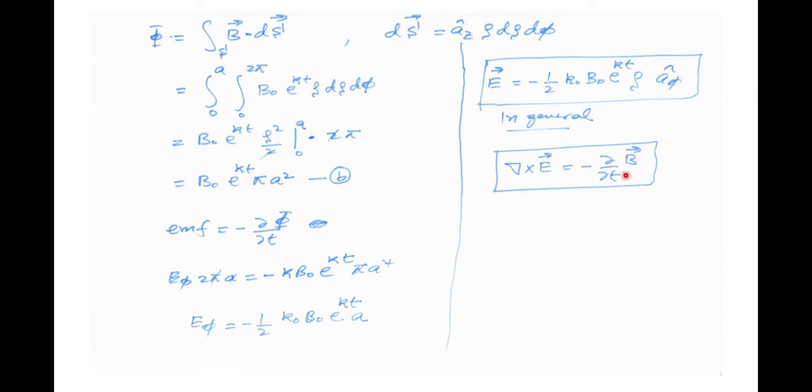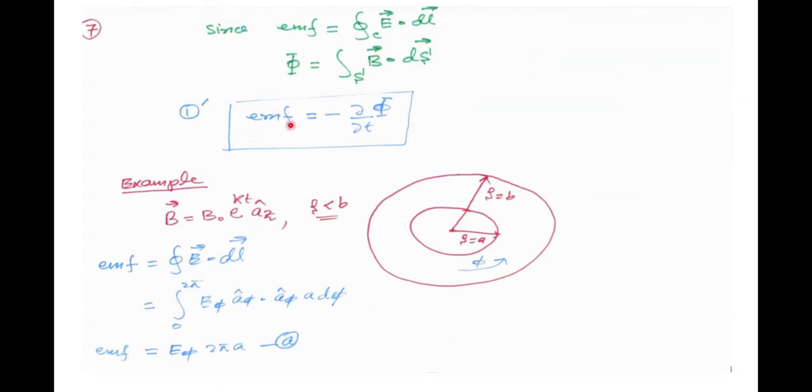On the right side, differentiate the given B field, the magnetic flux density, which is exponentially increasing with respect to time in the z direction. Then integrate both sides, and you will get the same result.